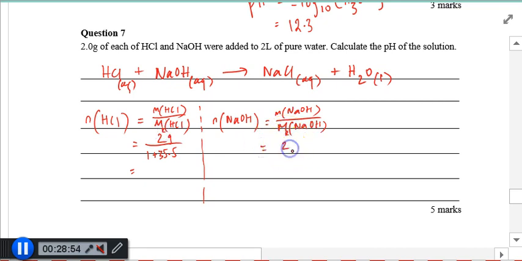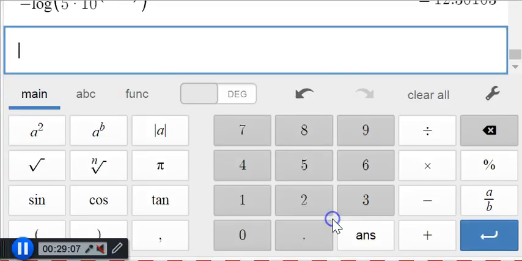So that's going to be 2 grams divided by 1 plus 23 plus 16, or 40. Just looking at it quickly, HCl is going to be in excess because it has a smaller molar mass, so you have more moles of it.